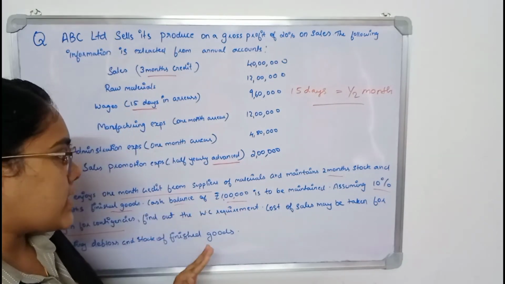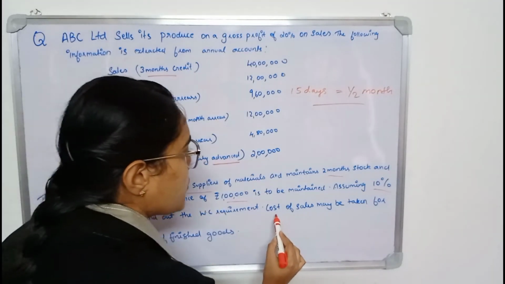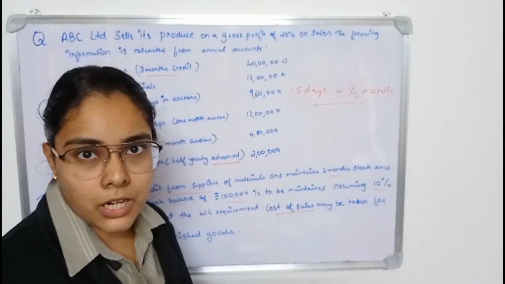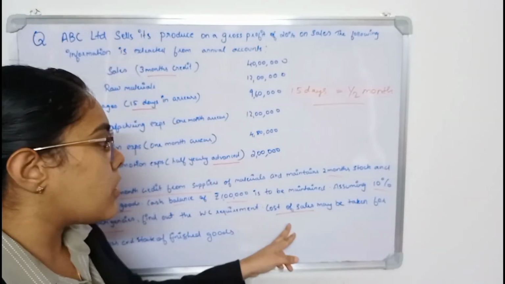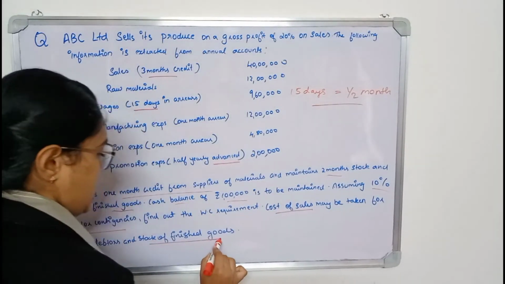One more point you have to note is cost of sales. Cost of sales means what? Total cost. It is nothing but total cost. So total cost may be taken for computing debtors and stock of finished goods.